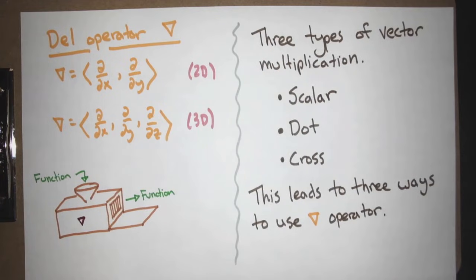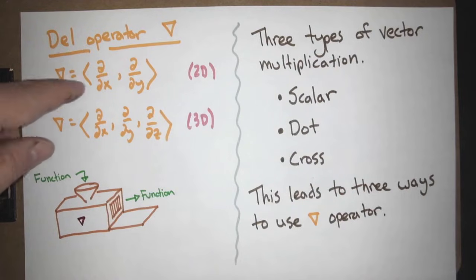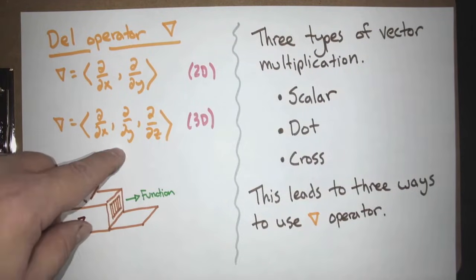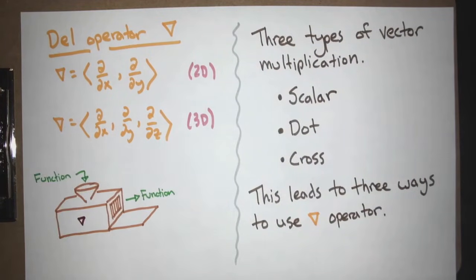So what does del look like? Well, it depends on what dimension you're in. If you're working in 2D problems, you have your partial x, partial y. In 3D, partial x, partial y, partial z. So del is the collection of partial derivatives. Now the question is, how do we take that and apply it to a function?